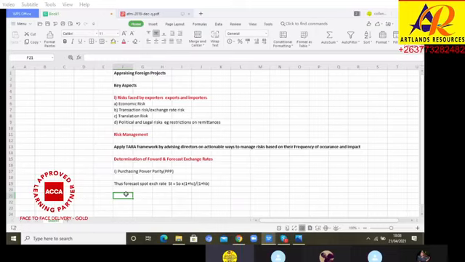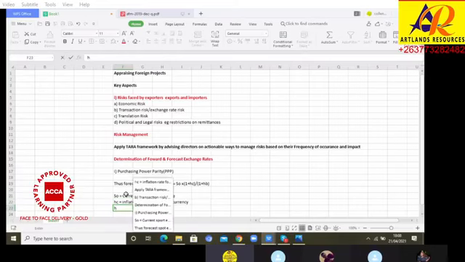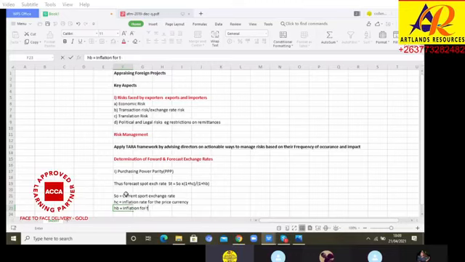When you are using this equation, S0 is the current spot exchange rate, HC is the inflation rate for the price currency, and HB is the inflation rate for the base currency.